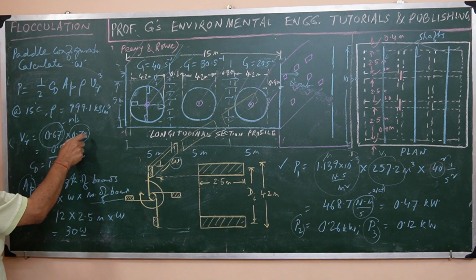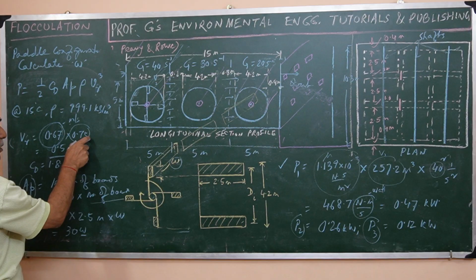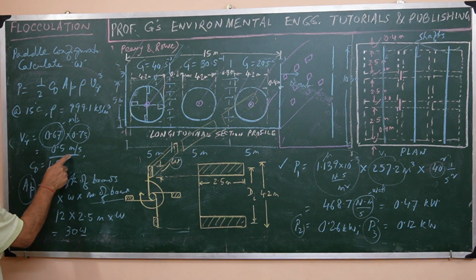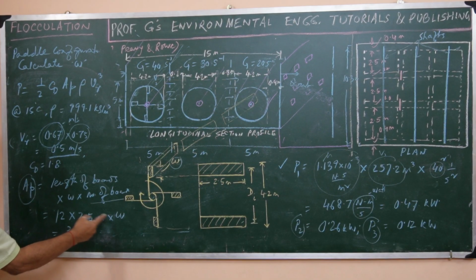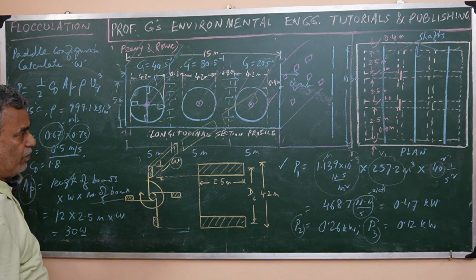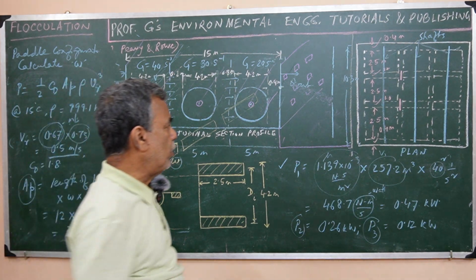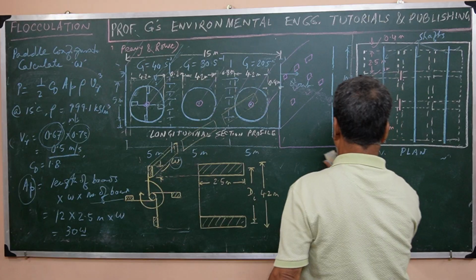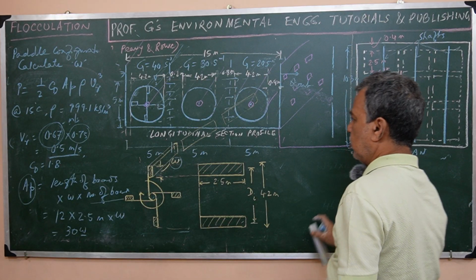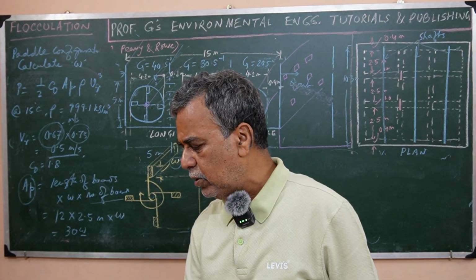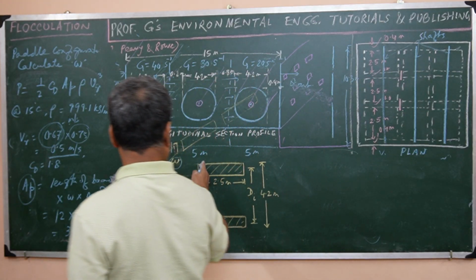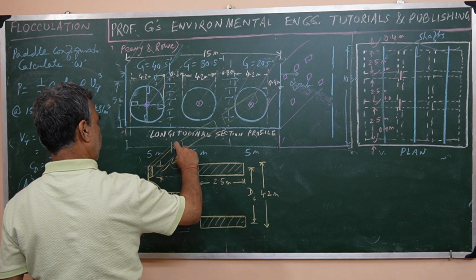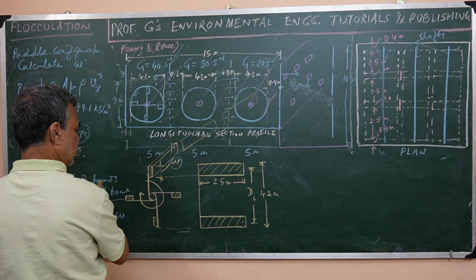Then VR we have calculated as 70 to 80%, so we have taken 75%, and calculated VR also. And then we have put this VR value and found out what would be the omega or the depth of the paddle also. So here we are saying width of the paddle, but it is better to say depth, because this is the depth actually, and this you can say is the length of the board also, as we have written.